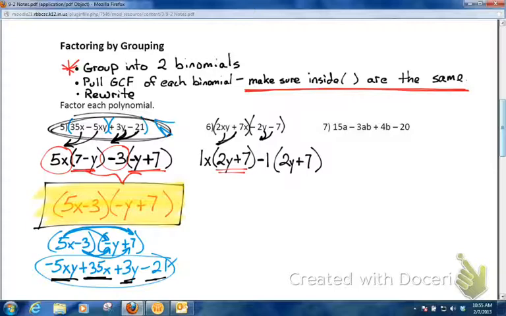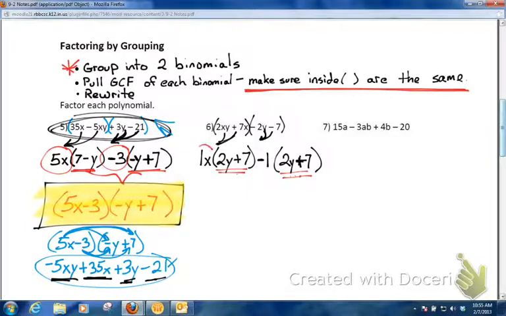It looks like this binomial doesn't have anything, but they always have a 1. You can always factor out a 1. It's just in this case I'm going to factor out a negative 1. So negative 2 divided by negative 1 gives me this positive 2. Negative 7 divided by negative 1 gives me this positive 7. And again, the reason is because these two parentheses have to be the exact same.